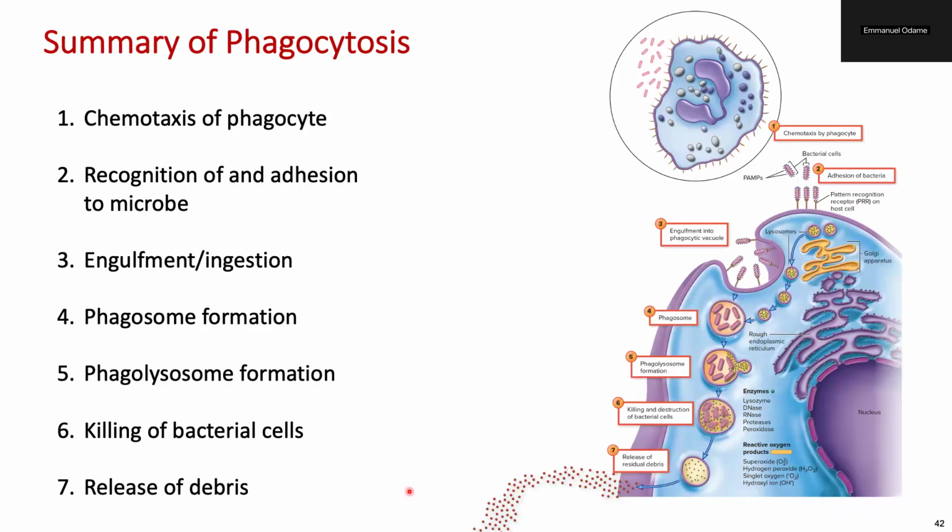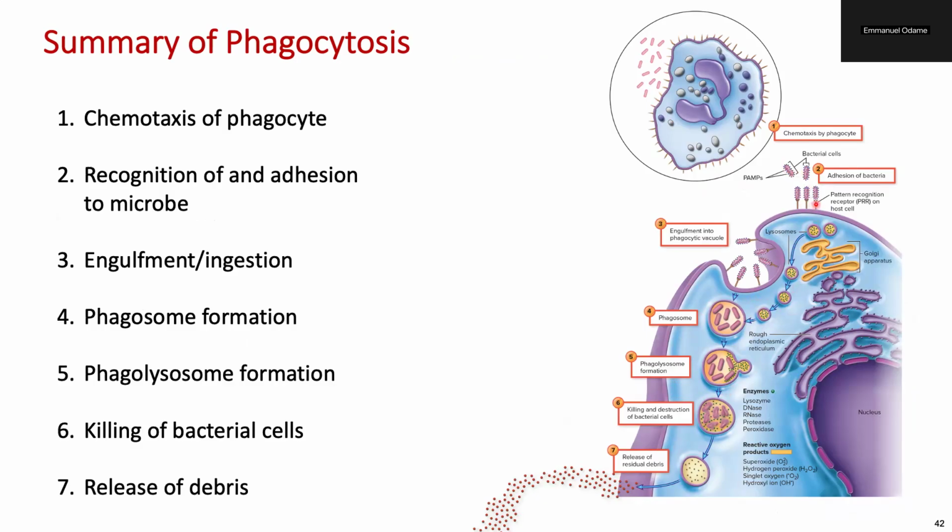So now this is a summary of phagocytosis. I'll discuss a short summary, but we will go very deep into each step. Imagine this is a macrophage, or any of the white blood cells. Let's take this as a white blood cell in general. This is it, and this is bacteria present in your blood.